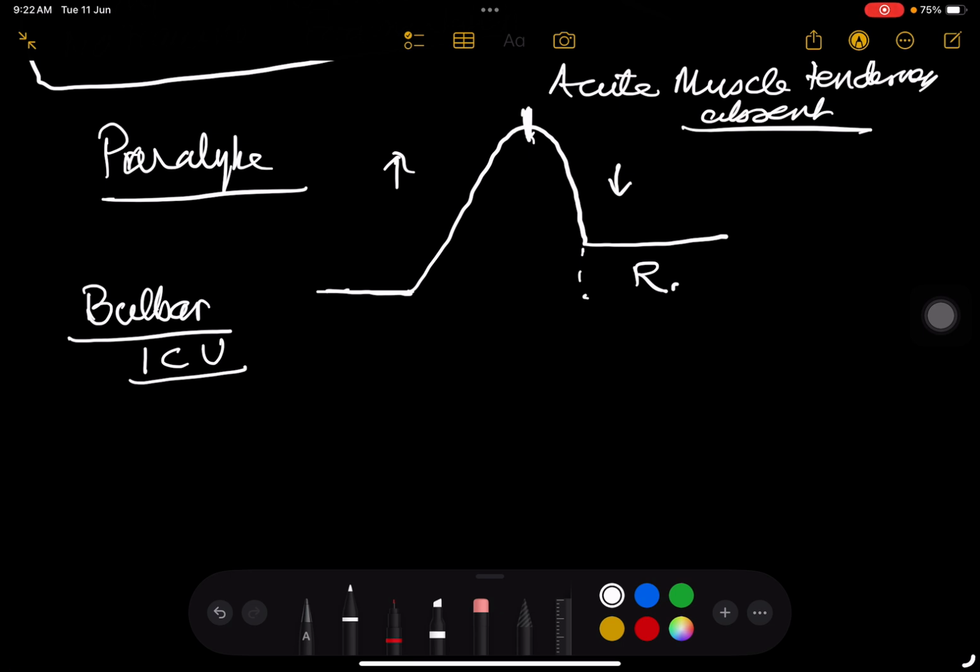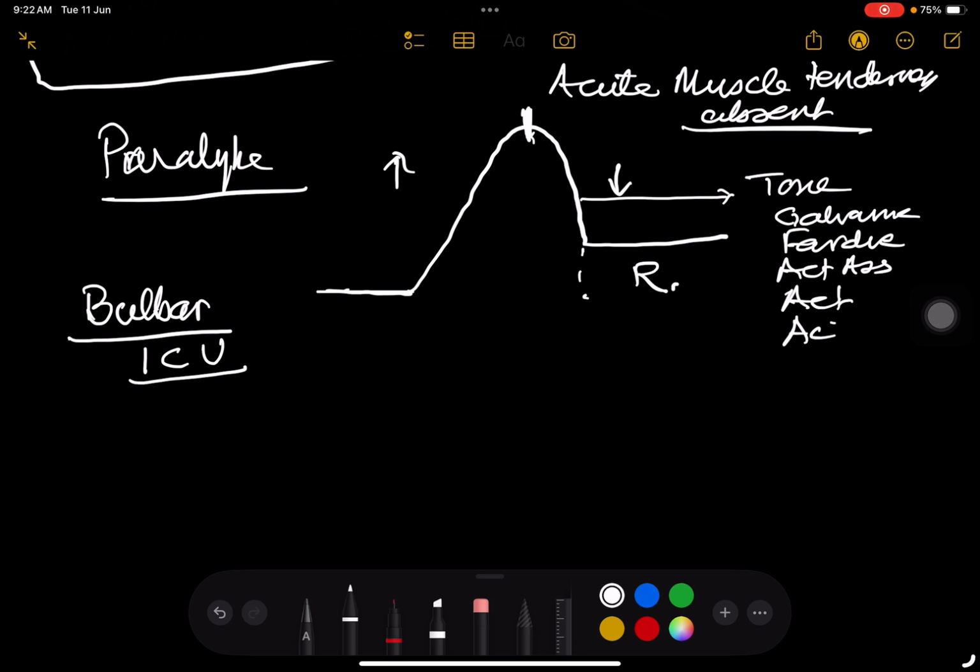But in this particular phase, after acute muscle tenderness is absent, you must maintain tone of muscles, and the sequence is galvanic, Faradic, active assisted, active resistant, and you must maintain functional position.